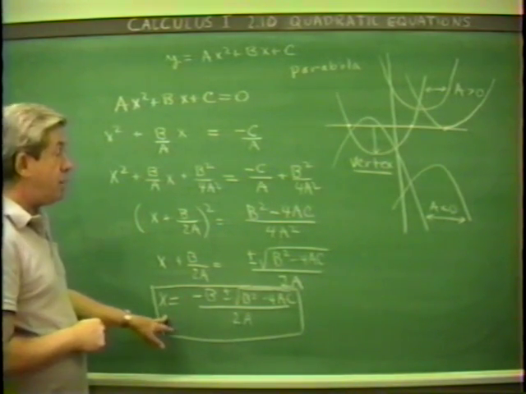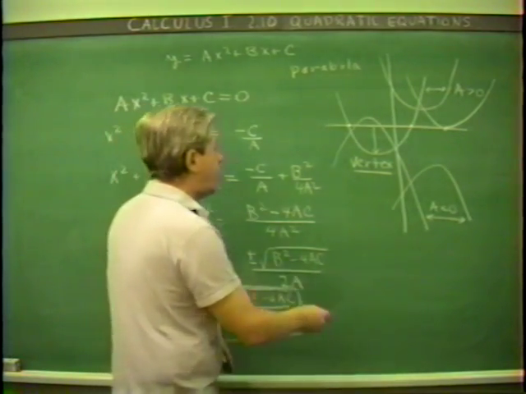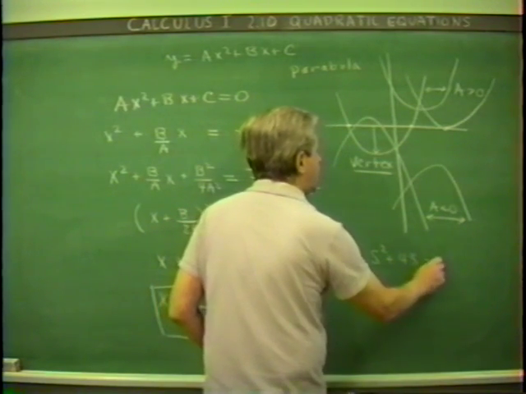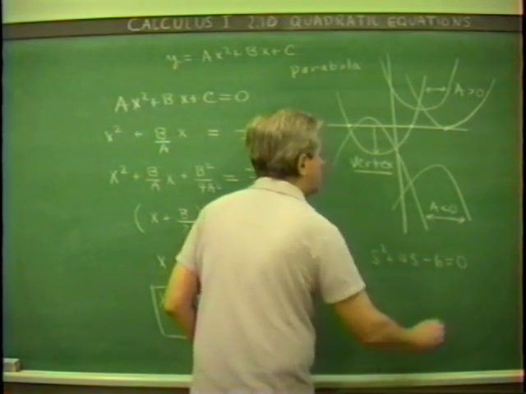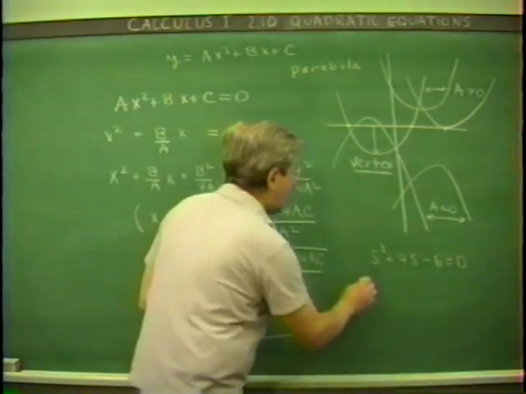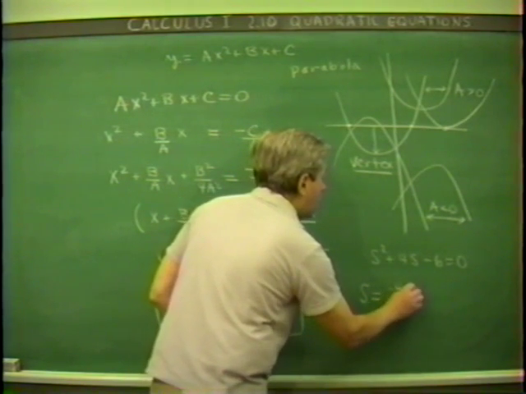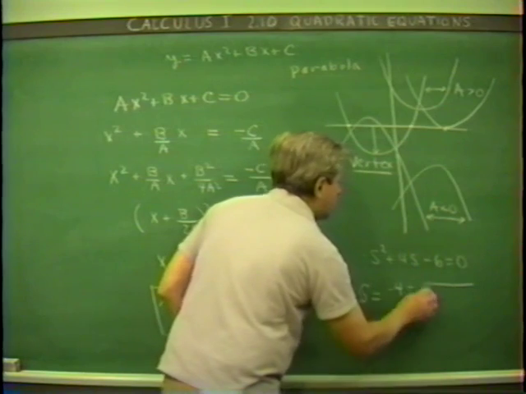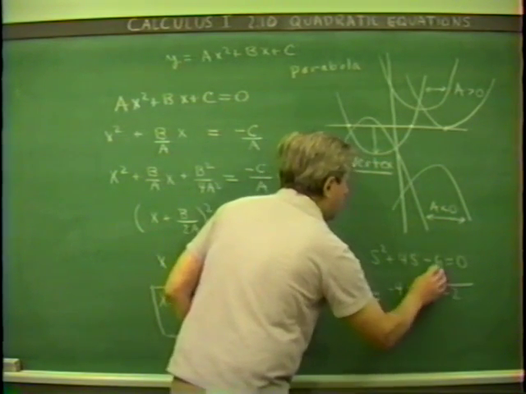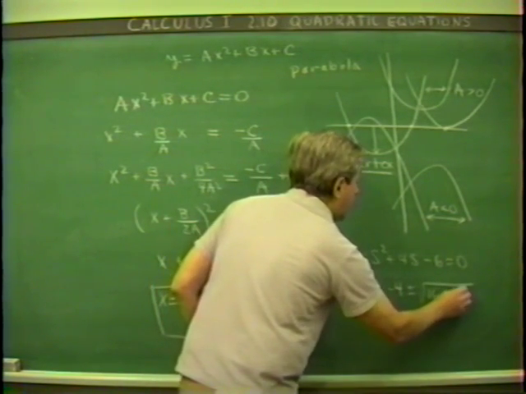Now, I mentioned that you should be able to use this equation whenever you see it, so that, for example, if the letters are changed, you have something like s squared plus 4s minus 6 equals 0, you should be able to put that into this formula and say that this is going to occur when s is equal to minus b, that's minus 4, plus or minus the square root of b squared, that's 16, minus 4ac, 4 times minus 6 times 1, is going to be plus 24.